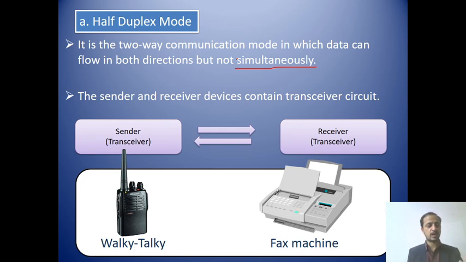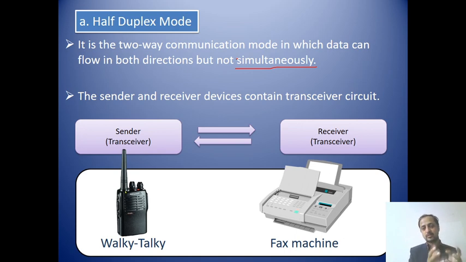That means when one sender is sending the information, the sender cannot receive at that time. The sender is only sending information, and the receiver is only receiving information. But in the next turn, the receiver can send information and the previous sender can receive it.